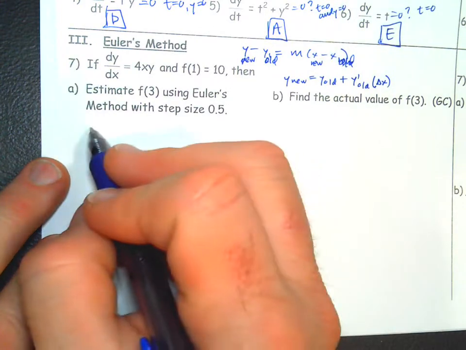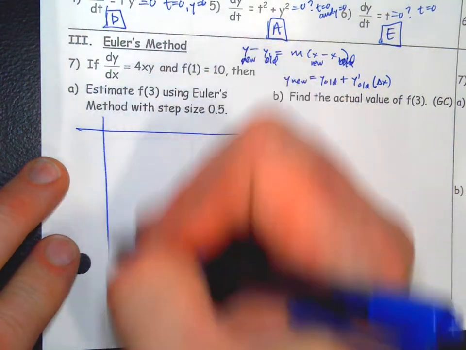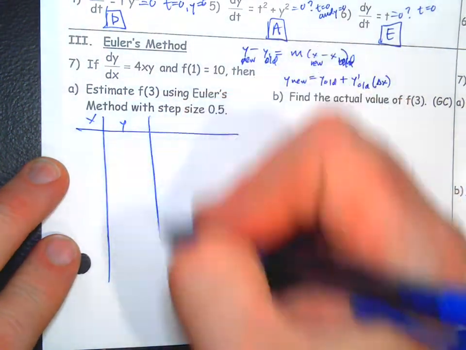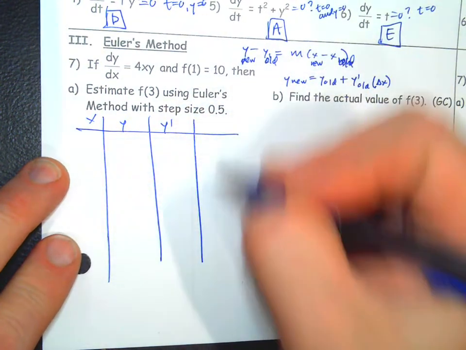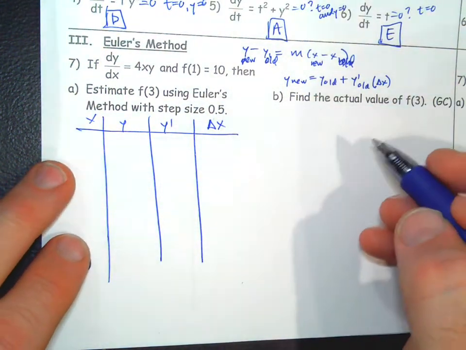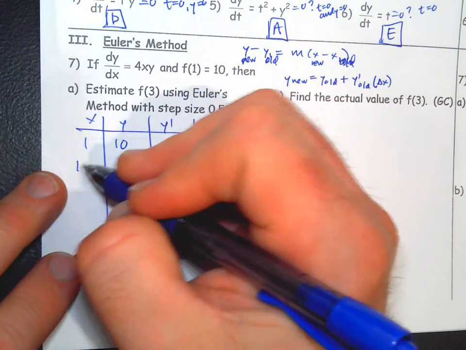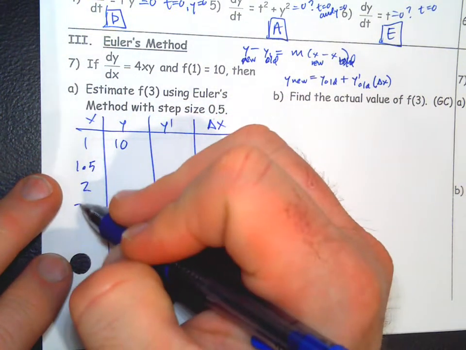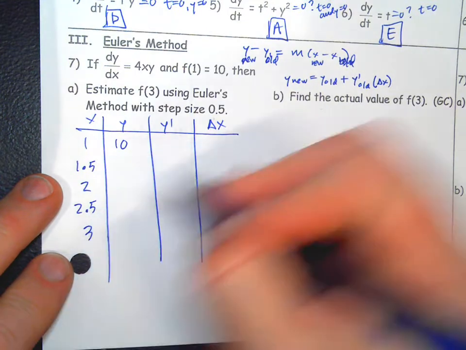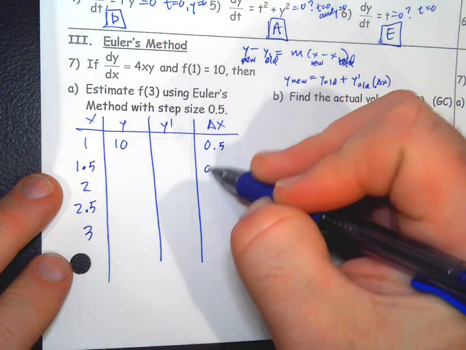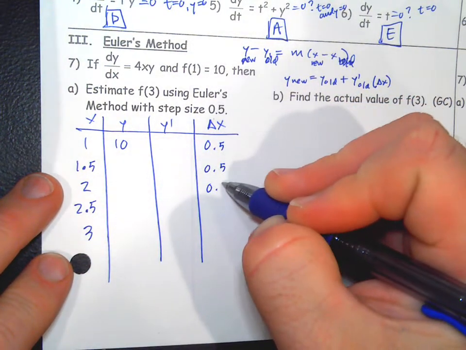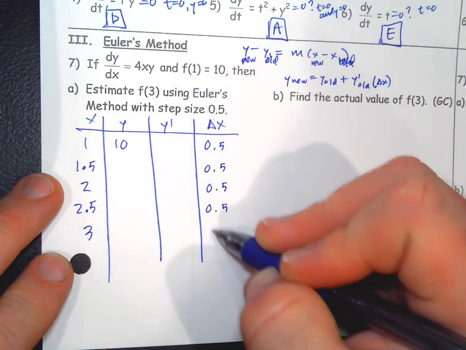So you can set up the table like that. Start with the initial condition, 1, 10. Step size is 0.5 to get to 3. Don't need the last one.